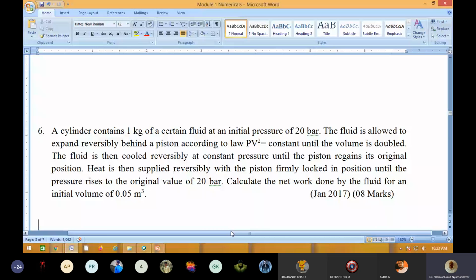Can anybody guess? At constant volume, if you do the heating, temperature increases, right? Yes or no? Are you following me? Rakesh? At constant volume, heat addition leads to what? Rise in temperature.